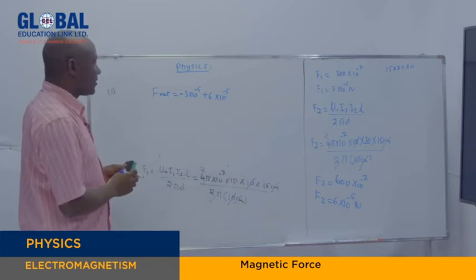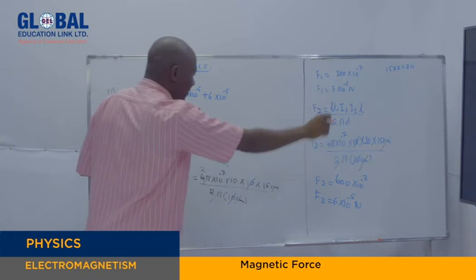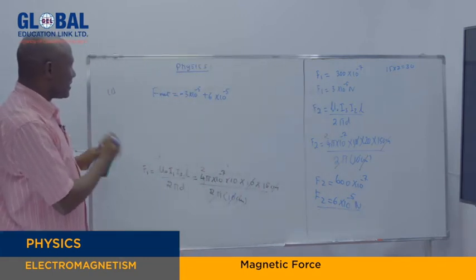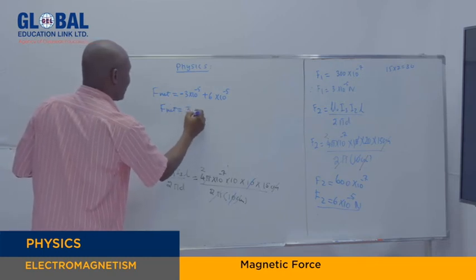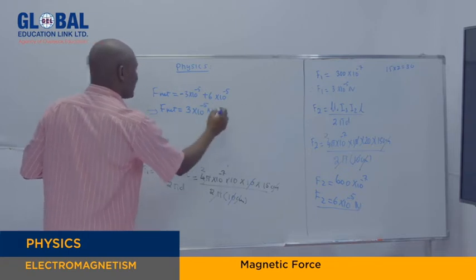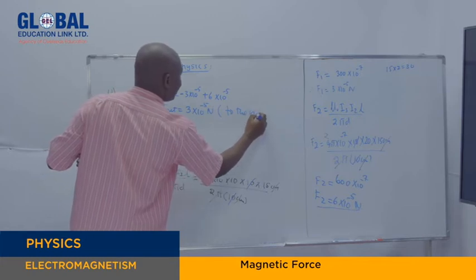When you're finding the force, you're supposed to consider the sign. We choose the positive direction where the force is acting here, and that one will be negative. So the net force here equals 3 times 10 negative 5 Newton. And the direction of this force will be to the right.